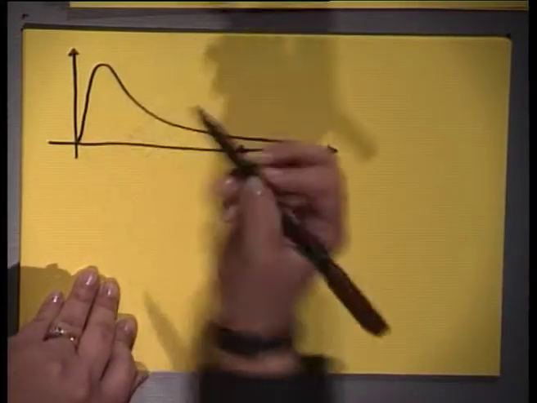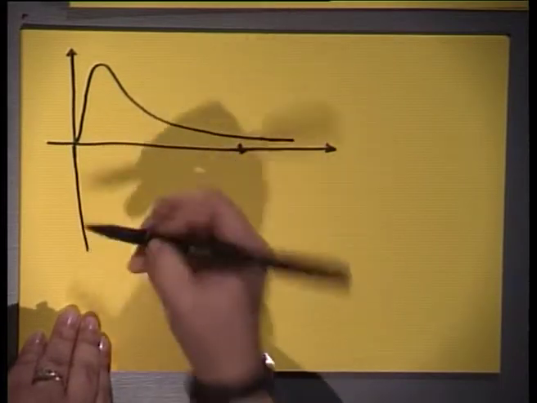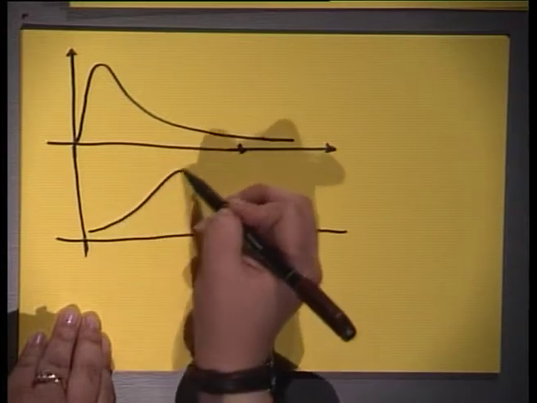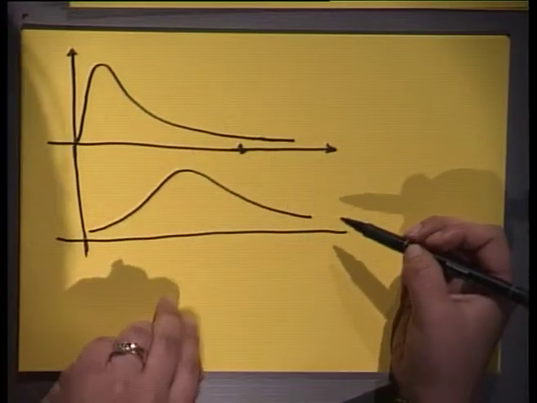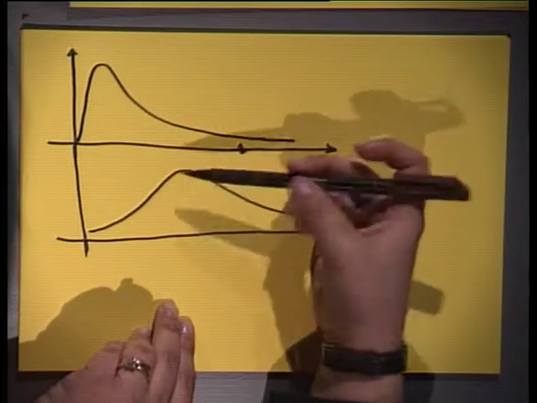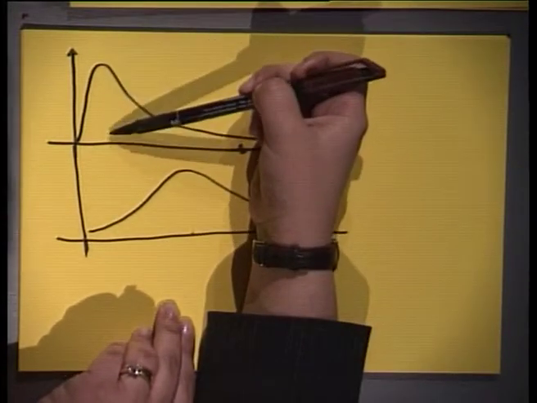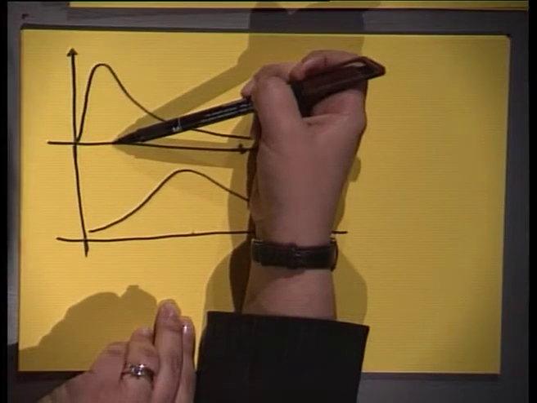Now what happens here? Let's have a normal distribution to compare. As we have seen, a normal distribution is symmetrical. A chi-square distribution is not symmetrical.